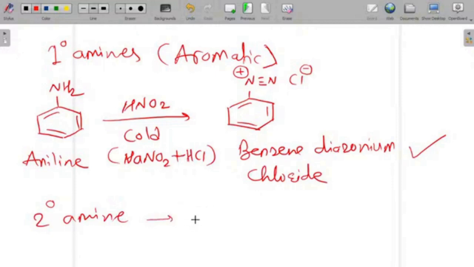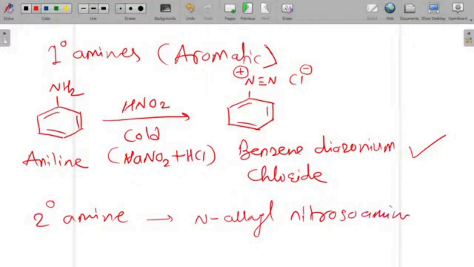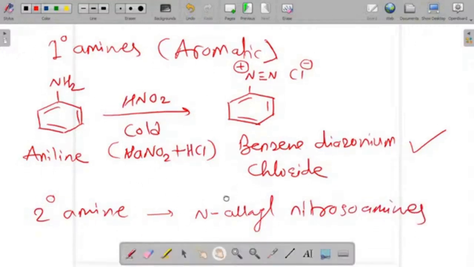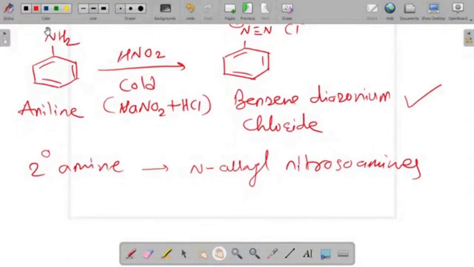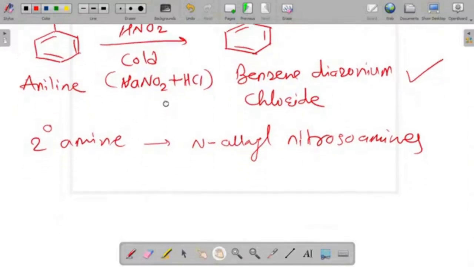Secondary amines are going to form N alkyl nitrosoamines. But what is the reaction with tertiary amine, that we will see now. If this is clear to you, then we will proceed to the tertiary amines.